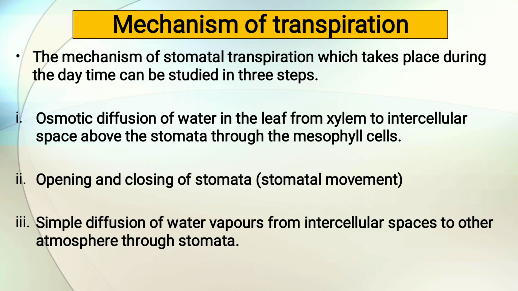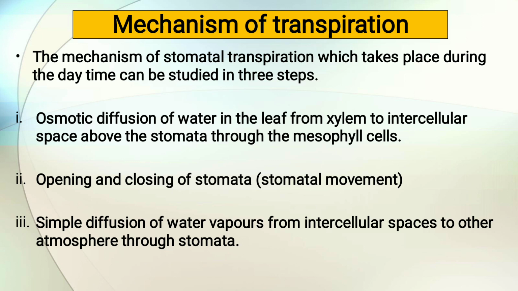Third one is the simple diffusion of water vapor from intercellular spaces to the atmosphere through the stomata. In the last lecture, we saw the terms intercellular spaces, mesophyll cells and stomata. These different structures we saw in the last presentation.